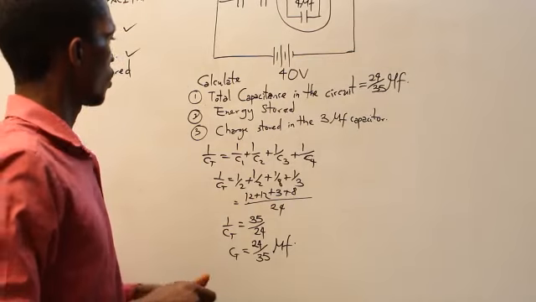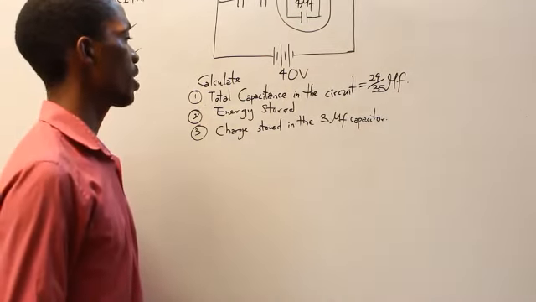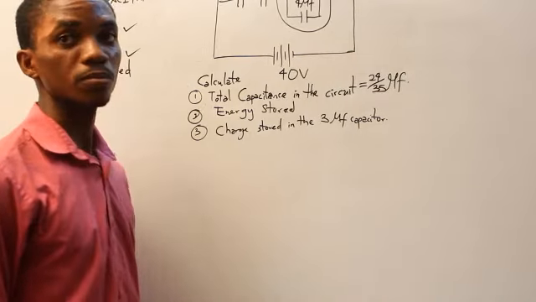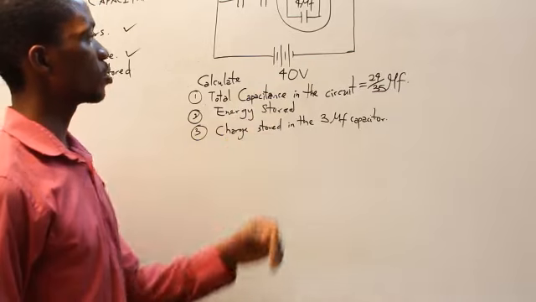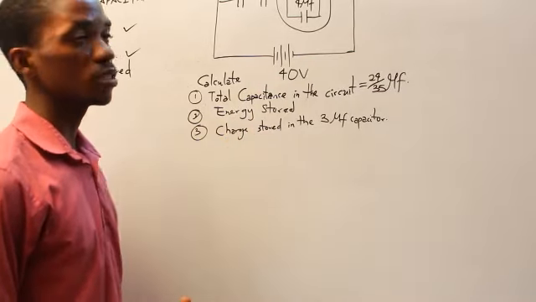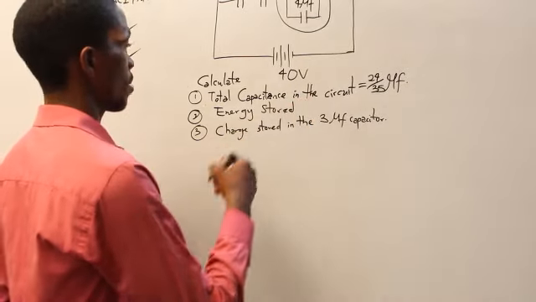Let's keep that for our next question. The next question requires us to find the energy stored in the system. Of course, we're given the voltage to be 40 volts. So we already have our capacitance.